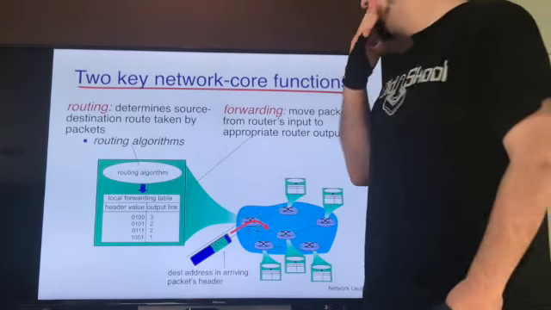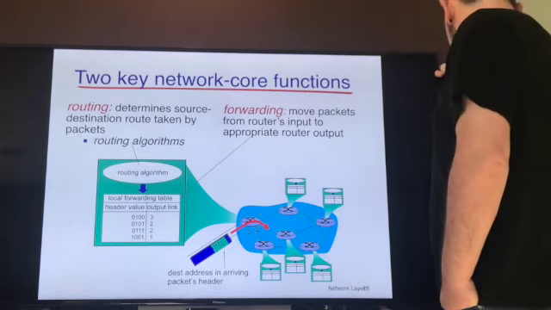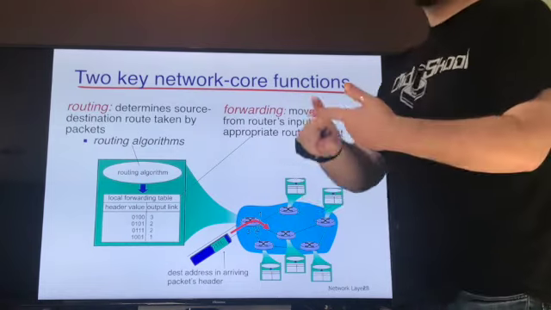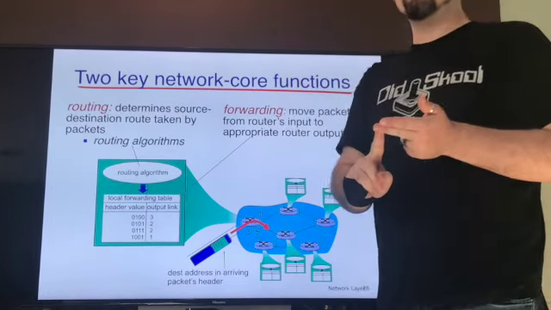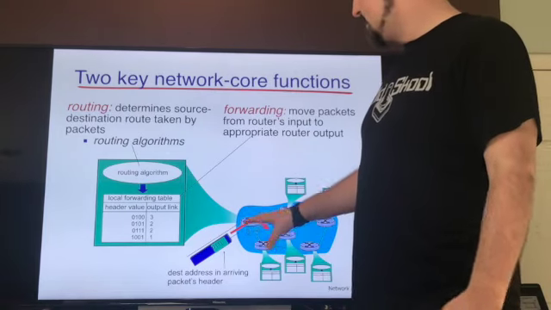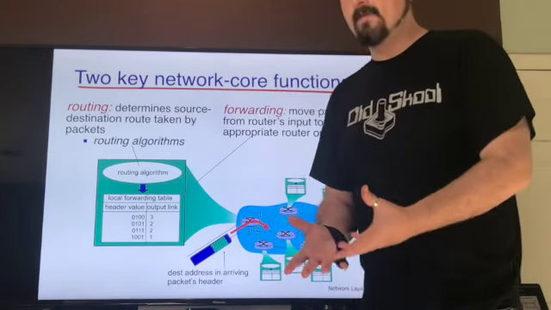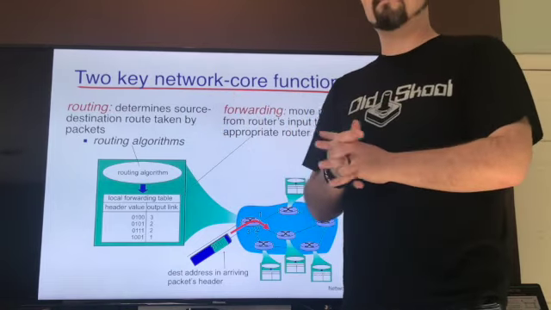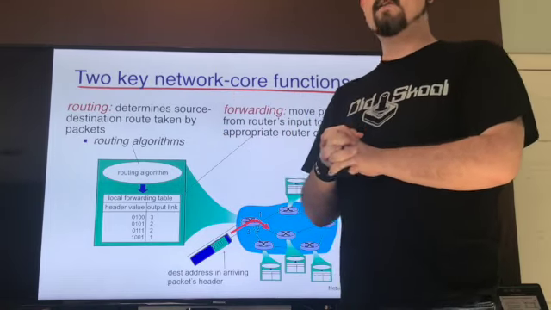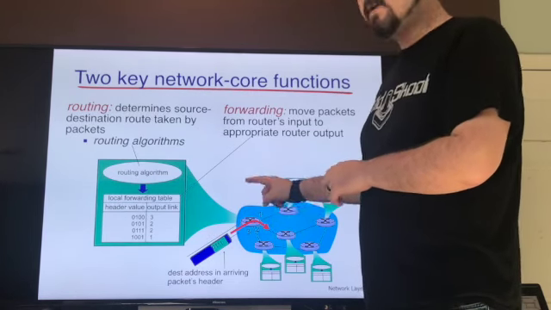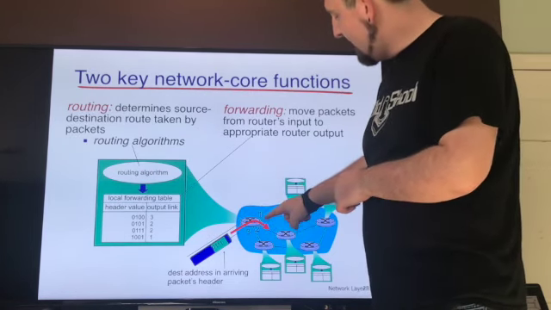So what I want to end on for today is the concept of routing and the concept of forwarding. Okay, so every router has a set of interfaces. We call the different physical link connections interfaces. Take this router for instance. It has 4 total interfaces. It has this one and then these.